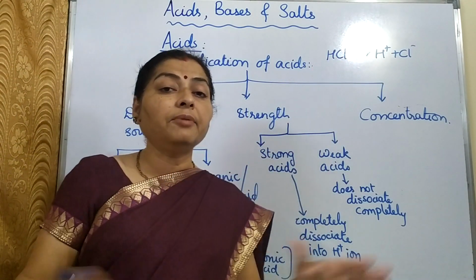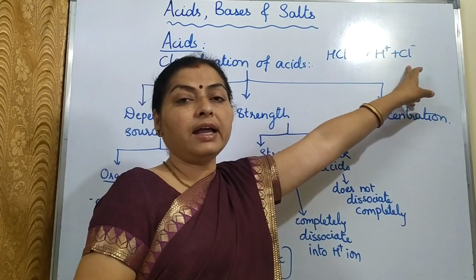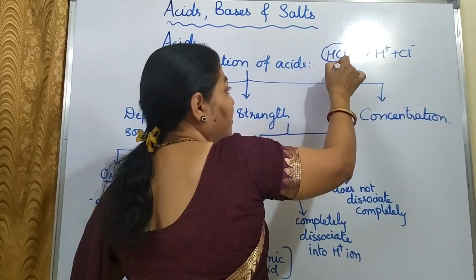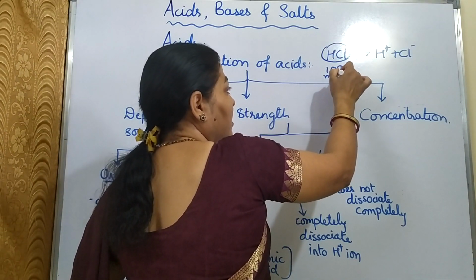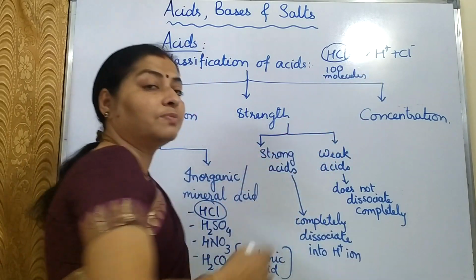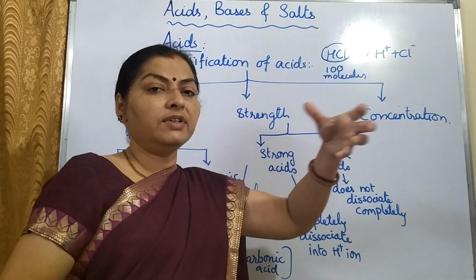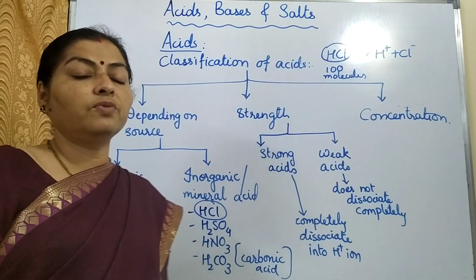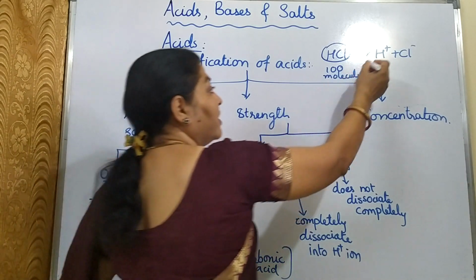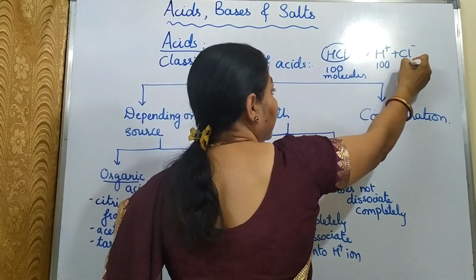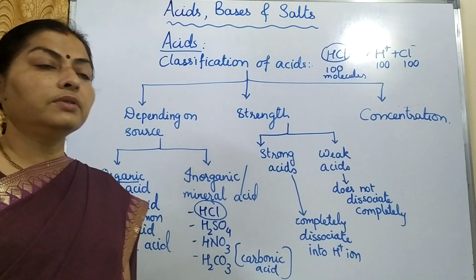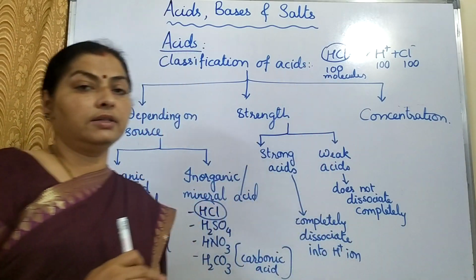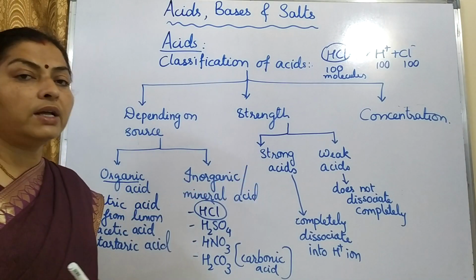Hydrochloric acid is 100% dissociated into H plus ion and Cl minus ion. 100% dissociation means if suppose there are 100 molecules, 100 is quite a small number, but only to make you understand with some number, if there are 100 molecules of HCl, when they go into water, it will give 100 H plus ions and 100 Cl minus ions. Means whatever number of molecules are there, they will separate into ions completely. So such acids are known as strong acids.